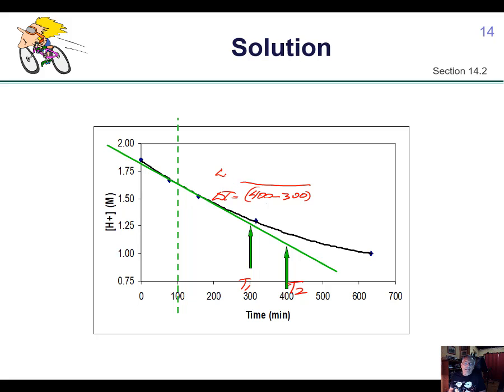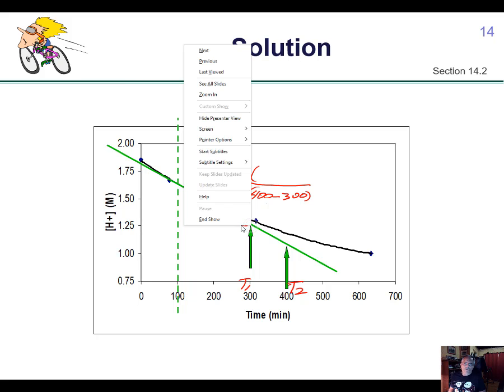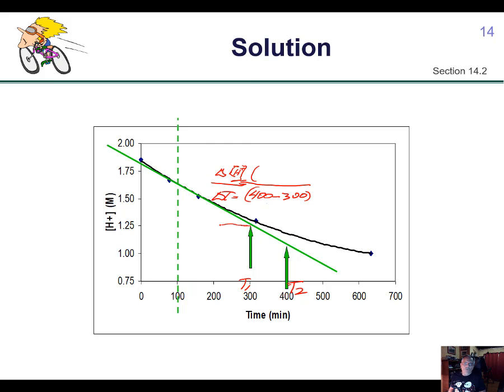Okay, and then I need the change in concentration, my delta, and I'm still using hydrogen ion, so I'm using the same reaction. So this is change in concentration of hydrogen ion with respect to the change in time. That would be equal. And so what we need to do now is draw a straight line across there.